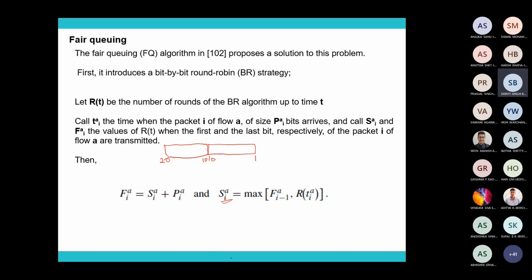When will packet i start? It is a max of these. Or consider it like this: this is the first packet, and the second packet arrives, maybe at 8 and 20. So when will it be processed? One is already started and it will complete at 10.